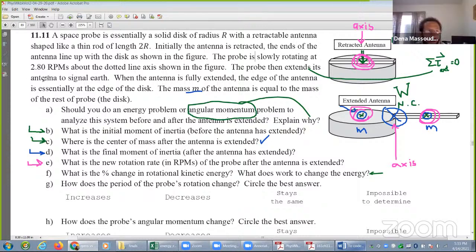Use parallel axis. Okay. That would be for getting the moment of inertia, right? Because the parallel axis theorem helps you get the moment of inertia. So, okay, yes, you would use the parallel axis theorem and we would get that.